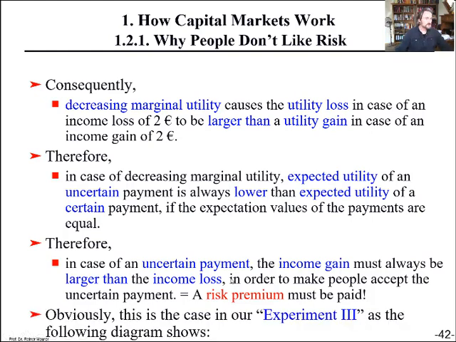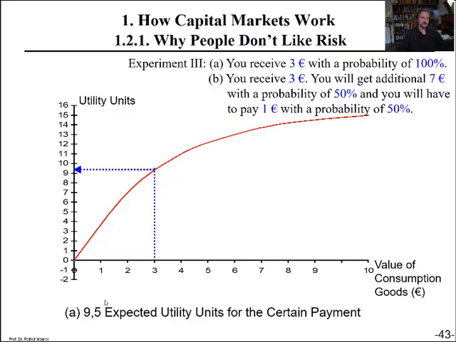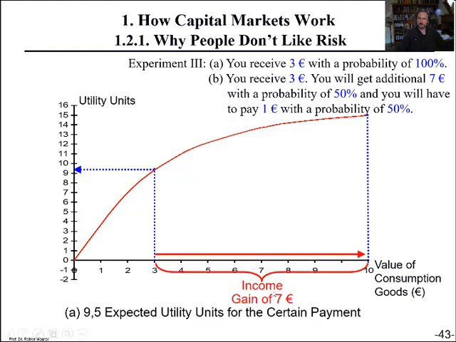Obviously, this is the case in our third experiment, as the following diagram shows. In the third experiment, the income gain of the uncertain payment is €7, which results in a total income of 10, which is transformed by the utility function into a utility level of 15 units.